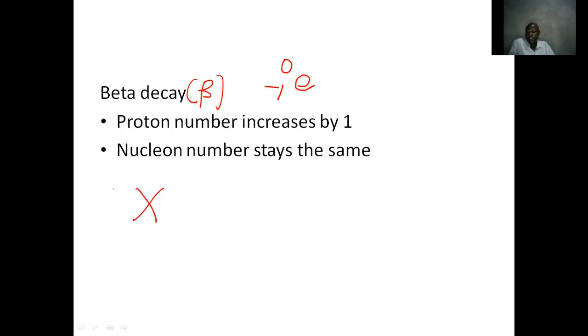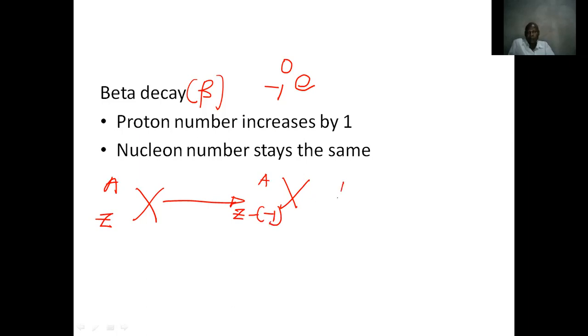For example, A is the nucleon number and Z is the proton number. So when there is beta decay, we are going to have a new atom with, if you subtract A minus 0, the same nucleon number maintained. And then the proton number is going to increase by 1, because we're going to say Z minus -1.